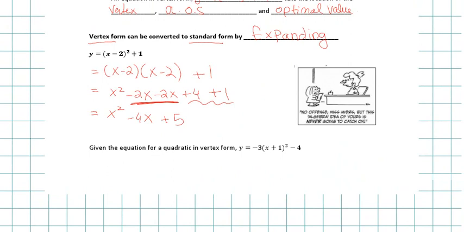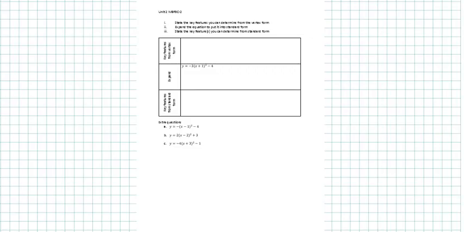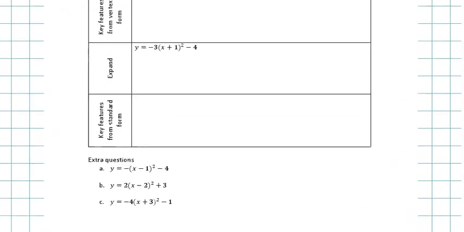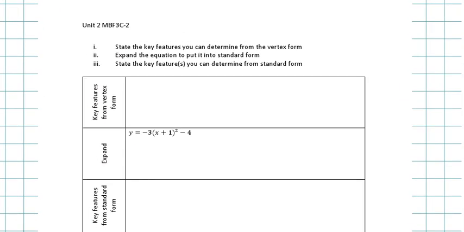Given the equation for a quadratic in vertex form, the question says: state the key features you can determine from the vertex form, expand the equation to put it into standard form, then state the key features you can determine from the standard form. So I have three things that I need to do.